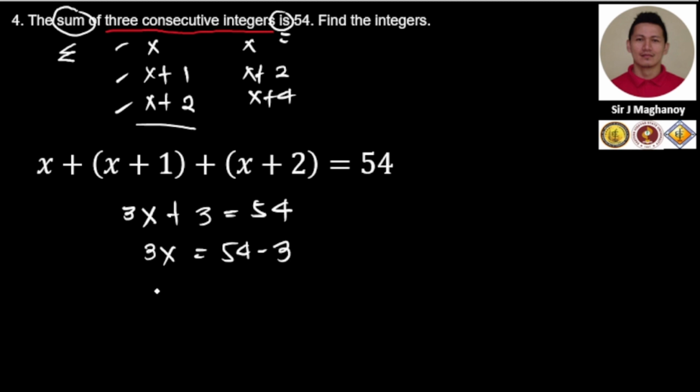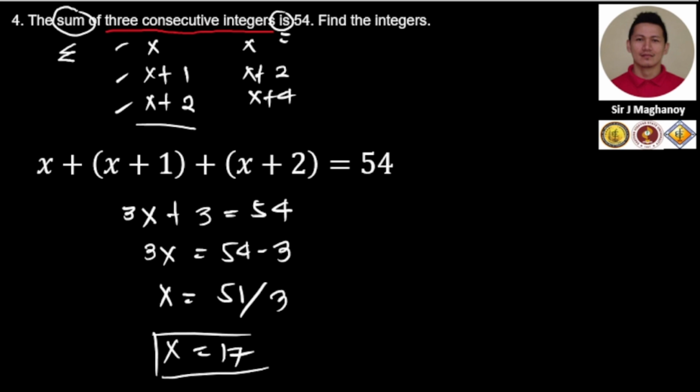Therefore, 3x is equal to 51. Transpose the 3 to the other side as a quotient, so x is equal to 51 over 3, that is 17. So the value of our first integer is 17.